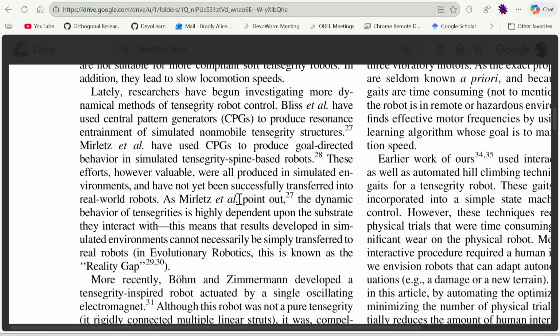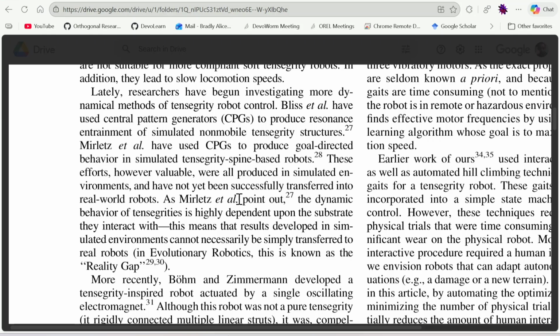So there are very interesting things you can do with stochastic or quasi-stochastic systems with respect to bodies, especially with tensegrity structures. Mouret et al. have used CPGs to produce goal-directed behavior in simulated tensegrity spine-based robots.